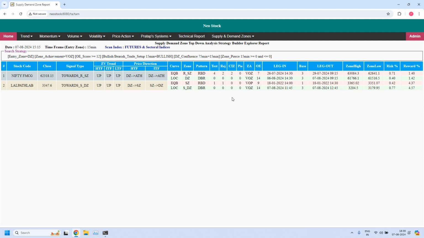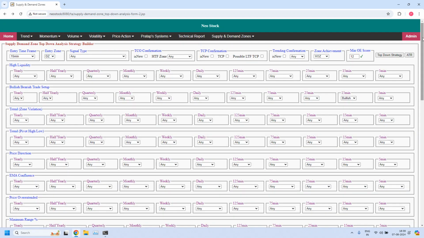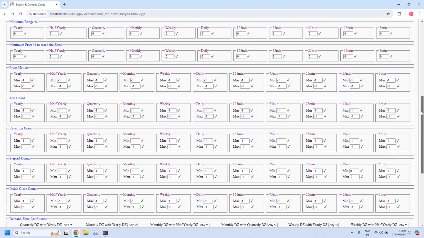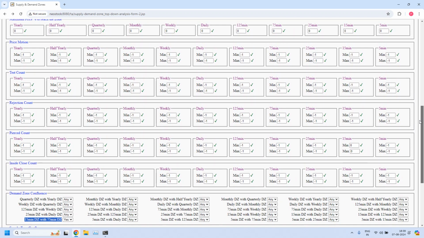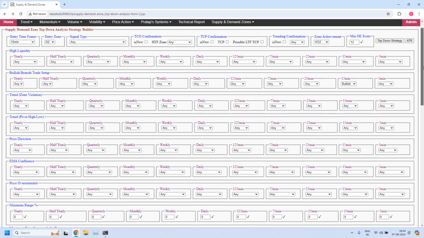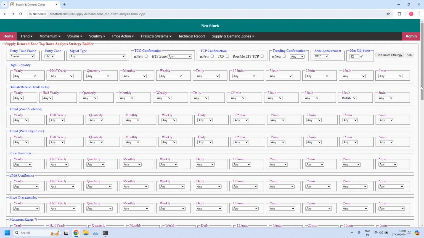Now let us check again, out of these two, how many have HTF confluence. So the 15 minutes demand zone with 75 is already enabled. Next, the 15 minutes demand zone with the daily we have enabled, and again 75 and daily also we enabled. All three, that is LTF, HTF and ITF.